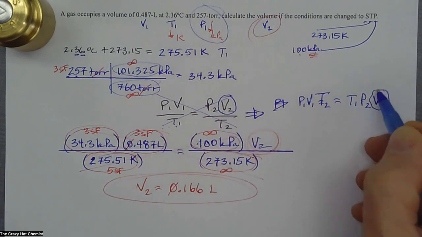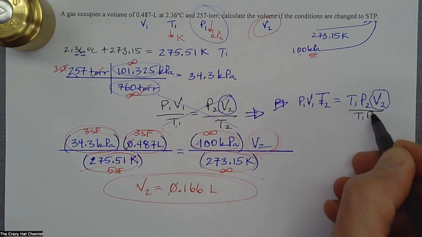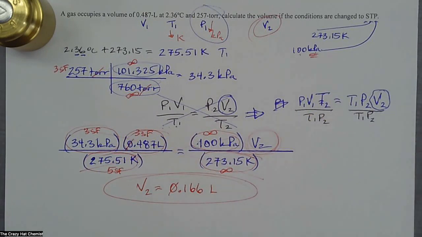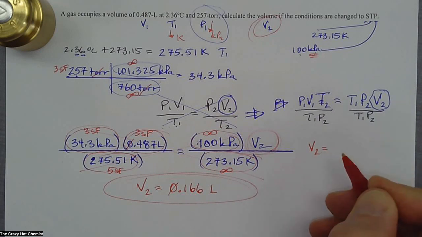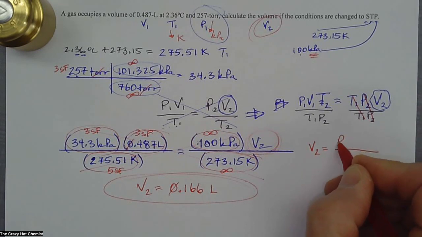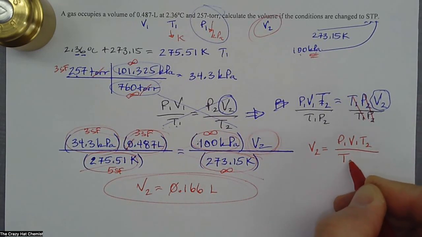And I'm solving for V2. So what we're going to have to do is divide both sides by T1 P2, and then I'm just going to rearrange this. So I have V2 is equal to, and these cancel out here, P1 V1 T2 divided by T1 P2.